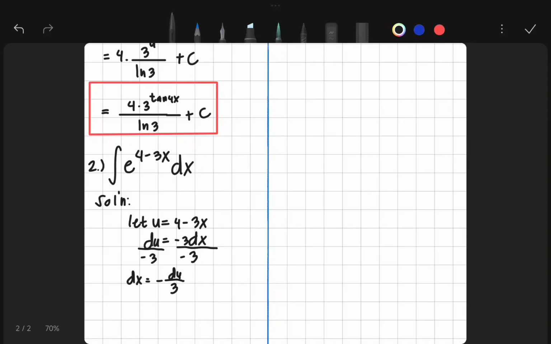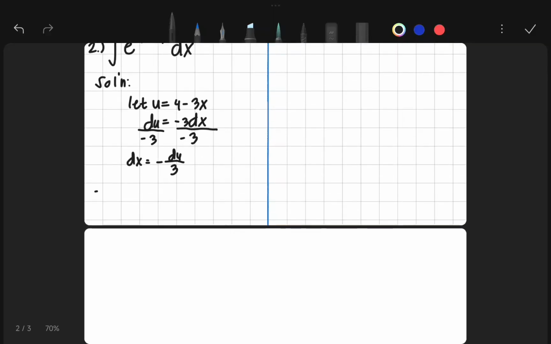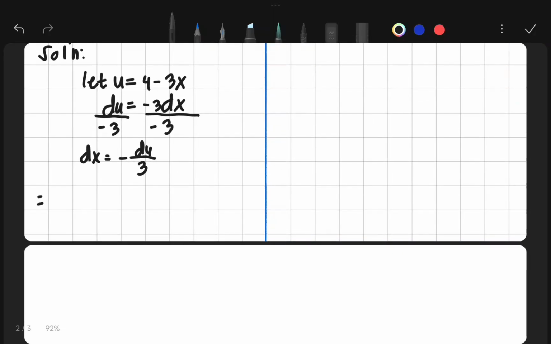Okay, after, we can rewrite the integral in terms of u. So this will become the integral of e raised to u, because our exponent is u, times negative du over 3, which I can also put as negative 1/3 here before the integral.